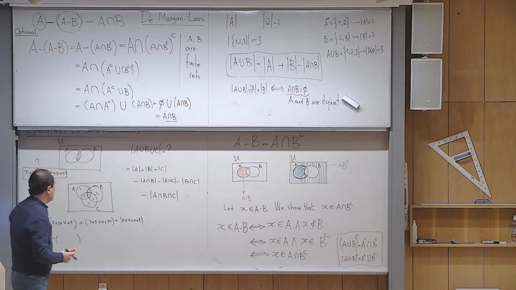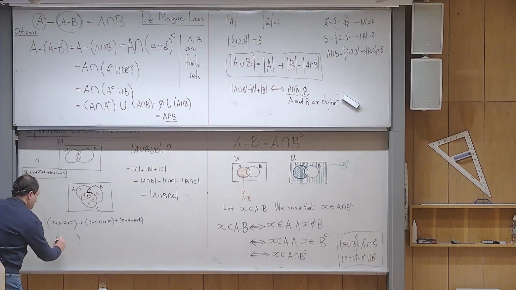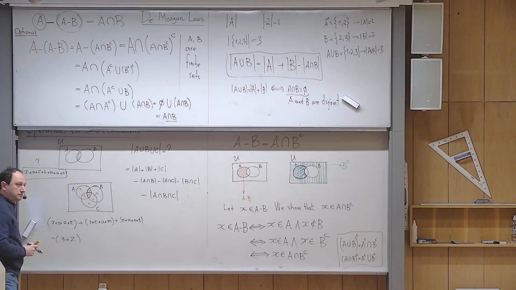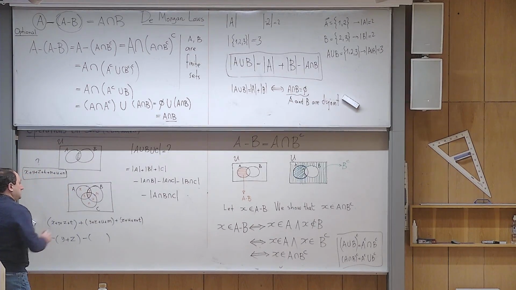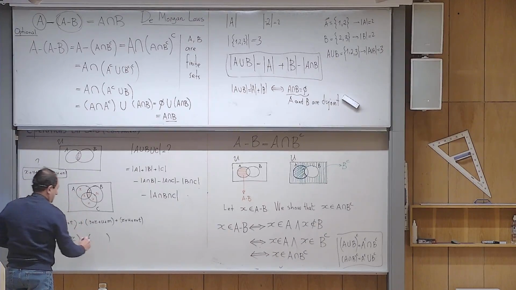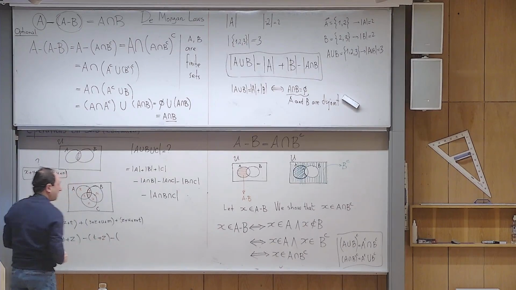A intersection B. What is A intersection B? It includes two parts, Y and Z. So it becomes Y and Z in total. The next one is what? A and C. Where is that part? T and Z. And then minus what?